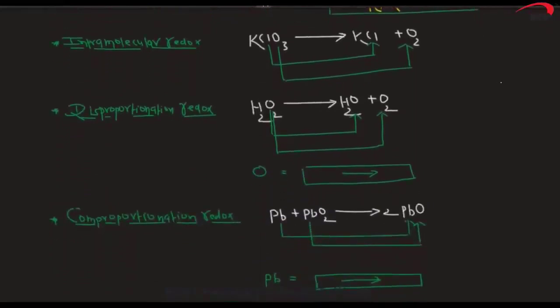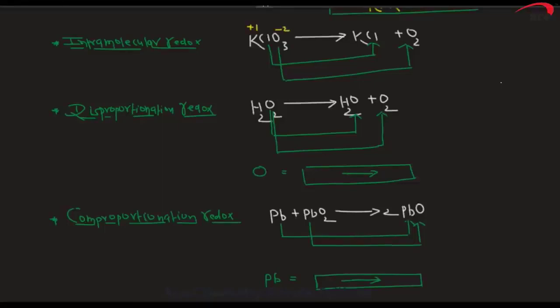In this equation, student, let us find out the oxidation state of all. There is only one molecule on the left hand side. Can I say there is only one reactant, student? It is potassium chlorate. If you see the potassium, since all group 1 metals have the charge of +1, and here the oxygen, it's oxide. Generally for oxygen we take oxidation state of -2.